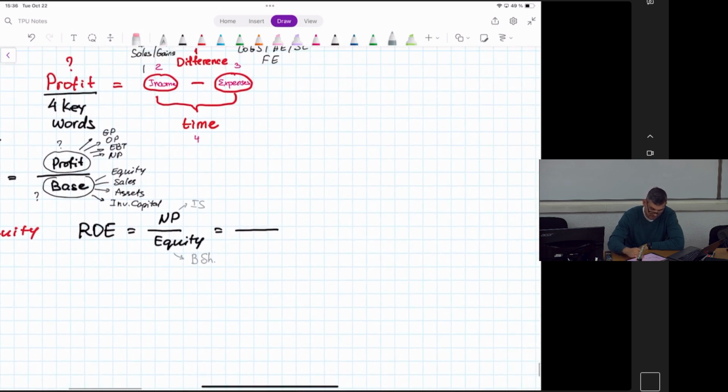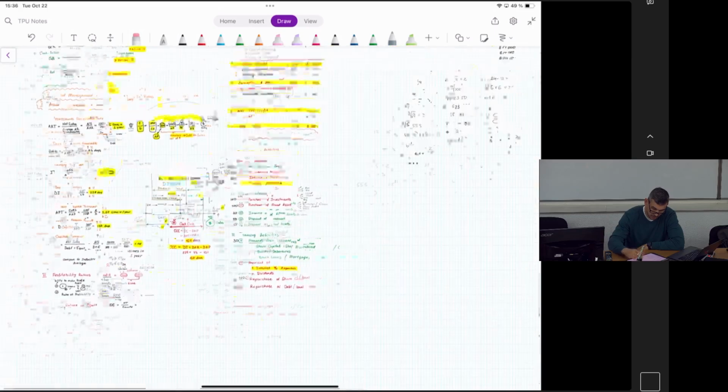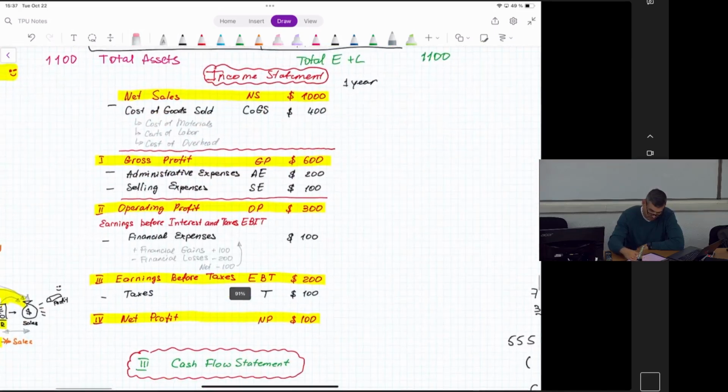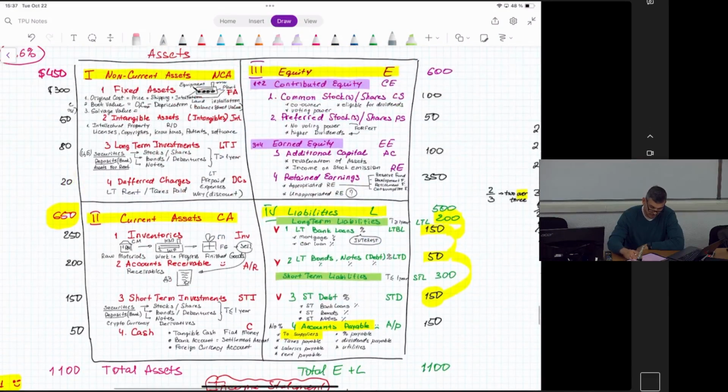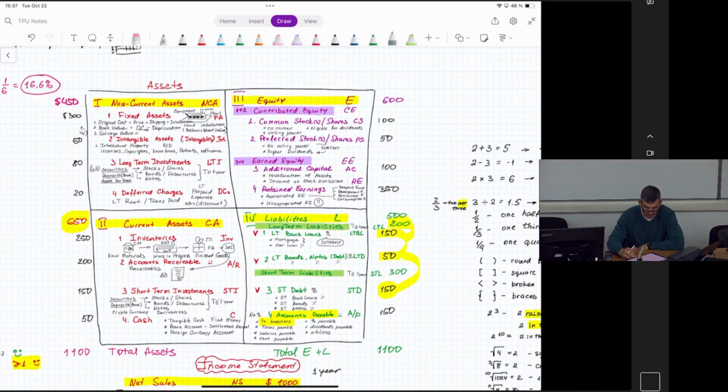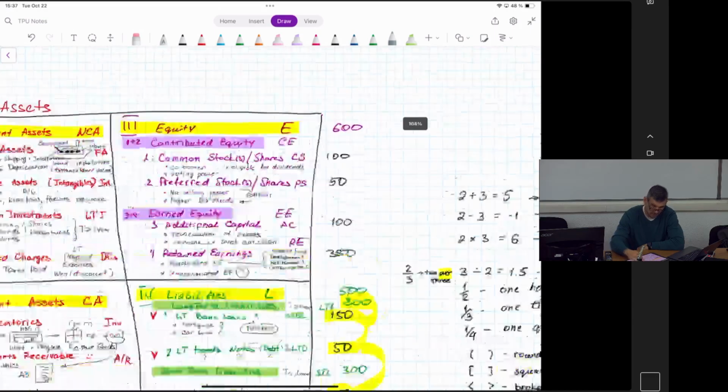Okay, let's find it. Now we go up. Net profit is how much? 100. And here's the 4x4 presentation. How much is equity? 600. You see it? It's over here.